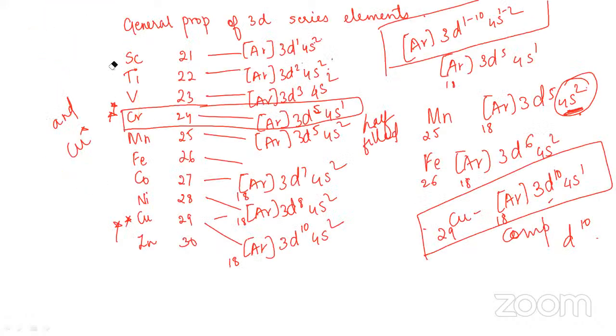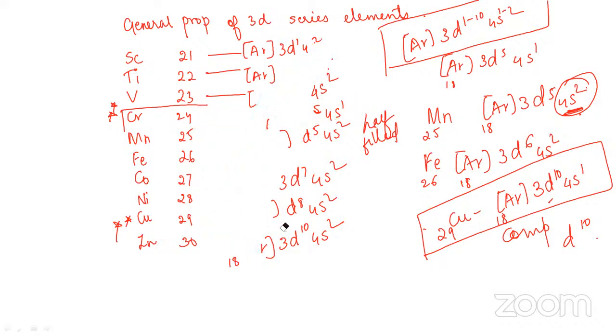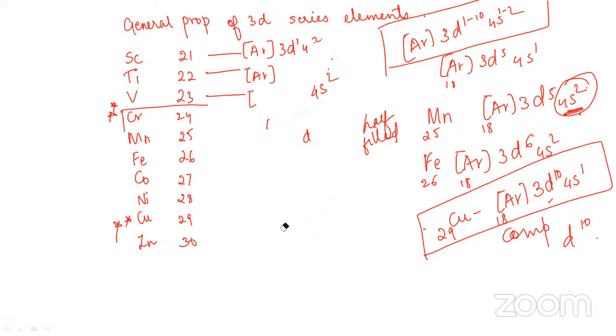Next we'll see the ionization enthalpy. What do you mean by ionization enthalpy? In the last class, I told you the definition of ionization enthalpy. You have studied it in first year. Let me clear these electronic configurations and keep just the elements.